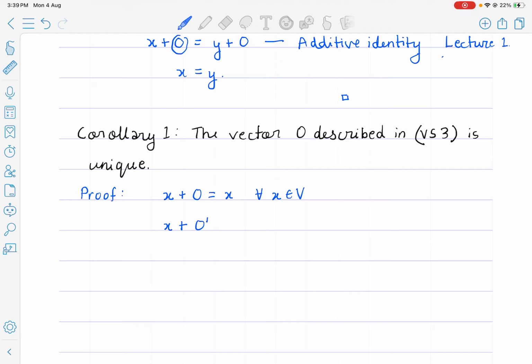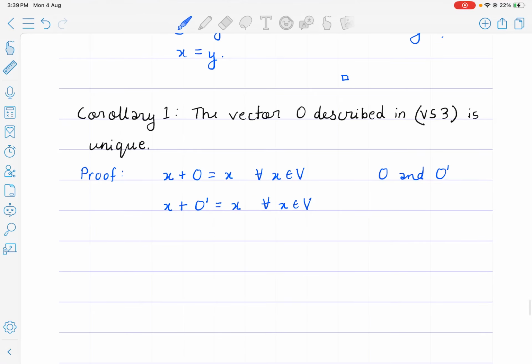Then x plus 0 dash is also equal to x. So there are two identities, 0 and 0 dash, and what I need to show is that 0 and 0 dash are equal.